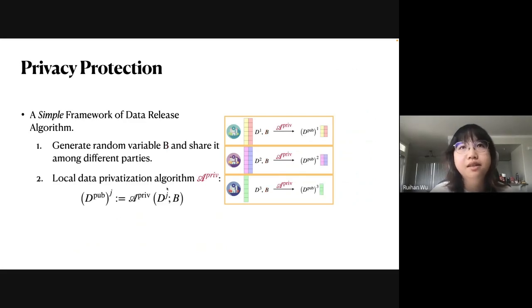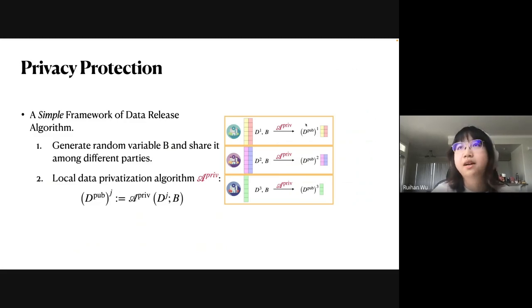And second step, we have this local privatization algorithm, A private. So this A private takes the private data matrix D_j and the random variable generated in the first step as input, and it will output a new data matrix for the party j.